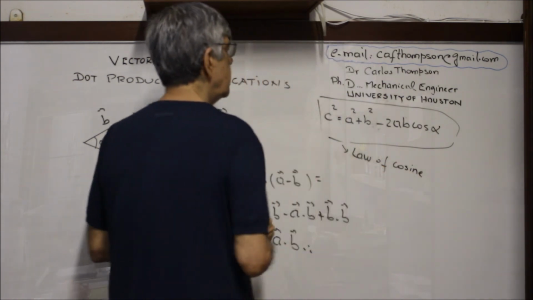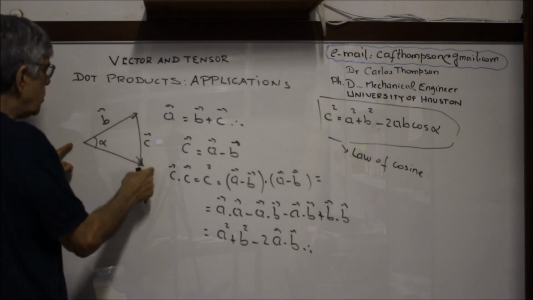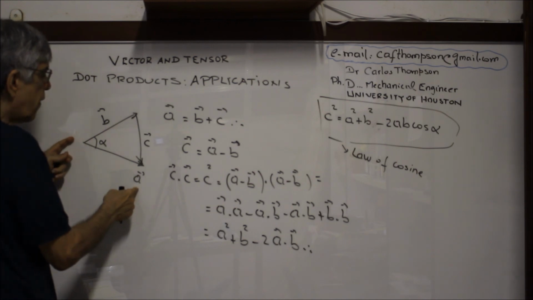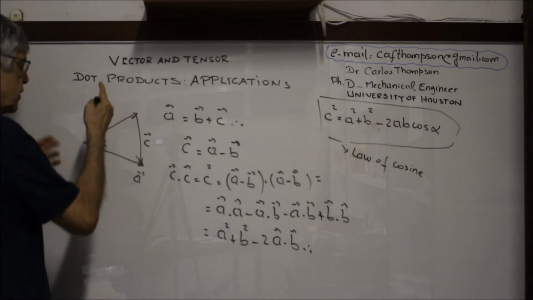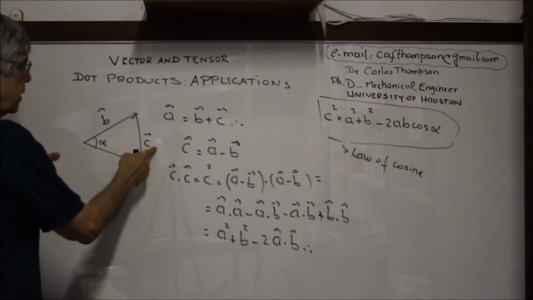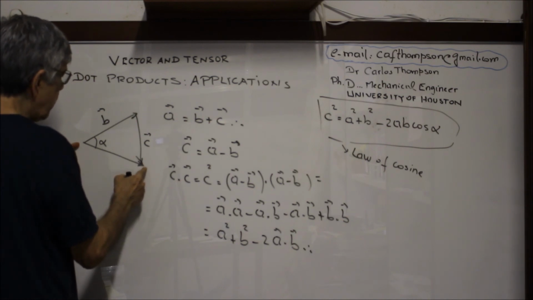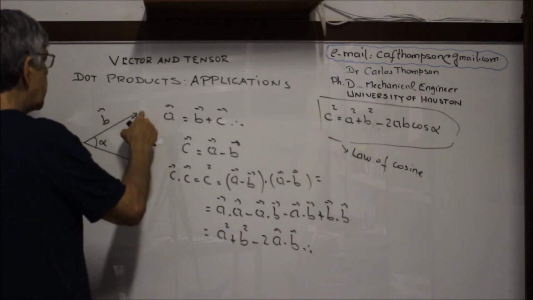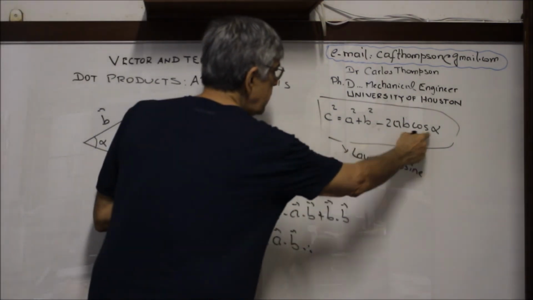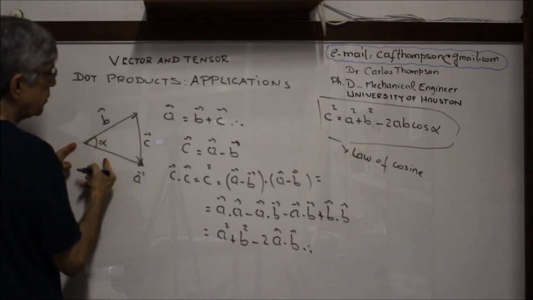So this is a triangle with different lengths. The magnitude of A is different, for instance, from the magnitude of C and the magnitude of B. C squared is equal to the magnitude of A squared, plus the magnitude of B squared, minus 2AB cosine of the angle between these two vectors here.